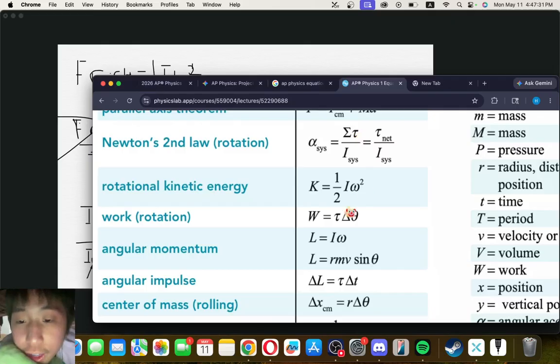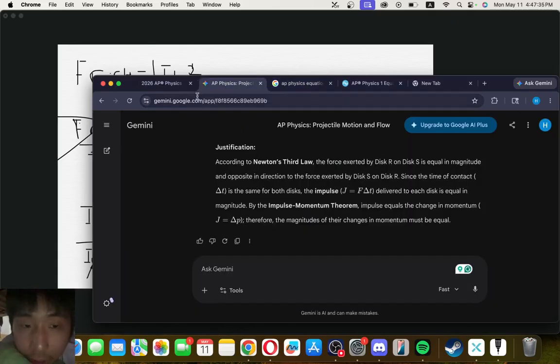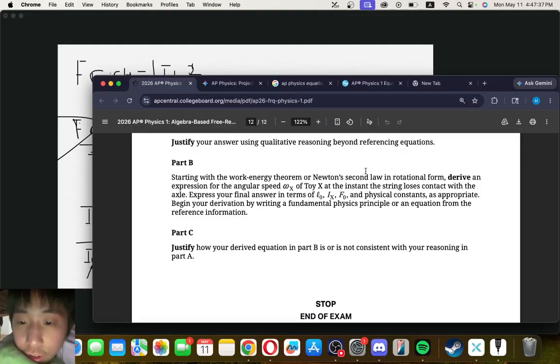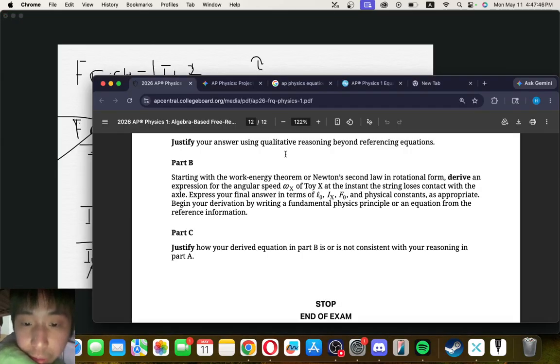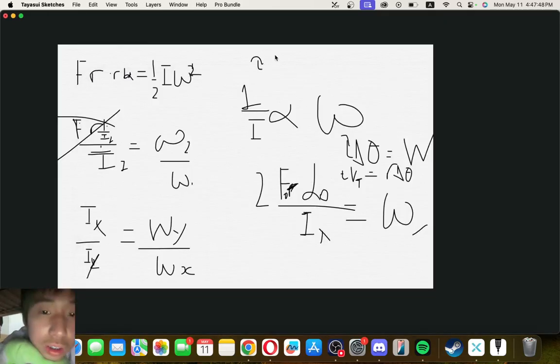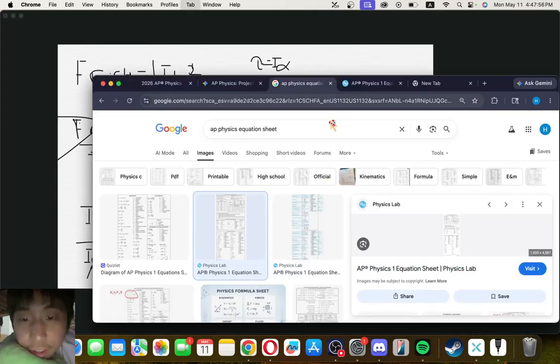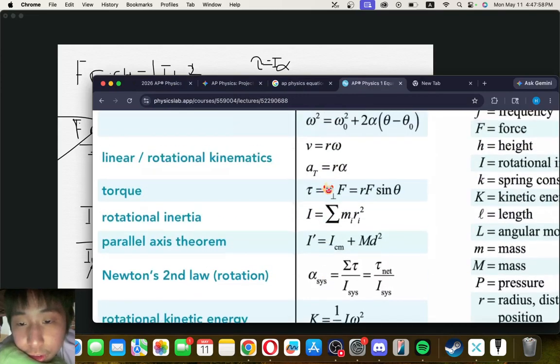Or Newton's second law. Would that make more sense if I use Newton's second law in rotational form, obviously? So, Newton's second law in rotational form, I'm supposed to find the expression for angular, equals I alpha, right? I'm gonna have to look at the AP physics sheet.